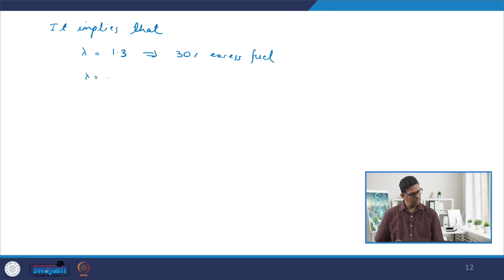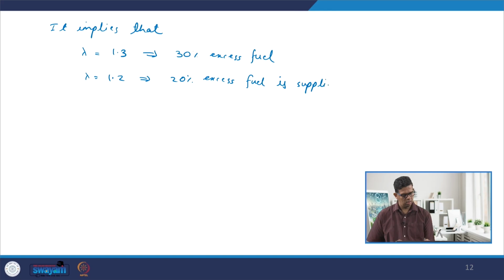If lambda is 1.2, that implies 20% excess fuel is supplied. So, this fuel utilization factor takes into account the excess fuel, so that the fuel cell does not starve, functions well and does not end up in mass transfer limitations.